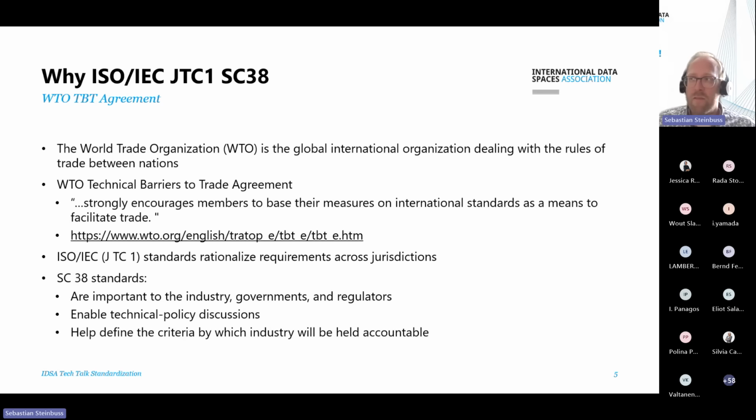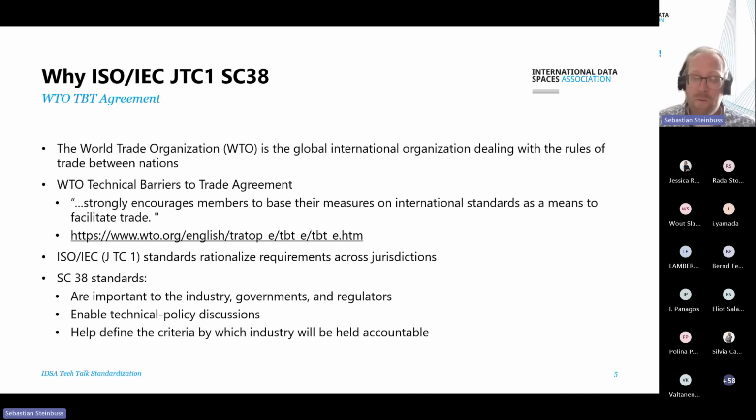And therefore, the World Trade Organization has initiated this technical barriers to trade agreement, and ISO IEC JTC1, especially SC38, but also all the other committees, work under this agreement to provide technical standards that really enable international trade between countries.